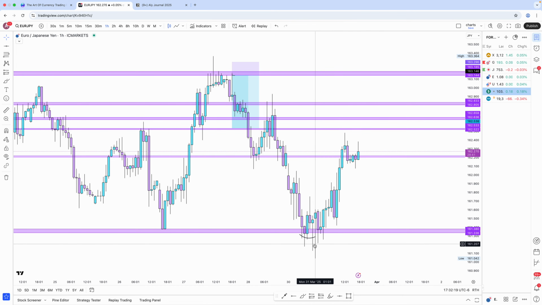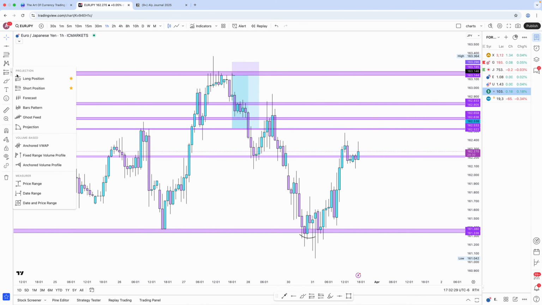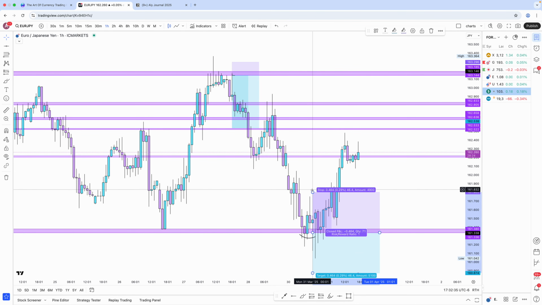So this is where it manipulates. This is where they're taking out buy stops. If we entered a buy order, this is where they're taking all the stops out. And as people are dropping to lower time frames, they think the structure is breaking, so they sell and put their stop loss above. So they're taking out sell stops as well.